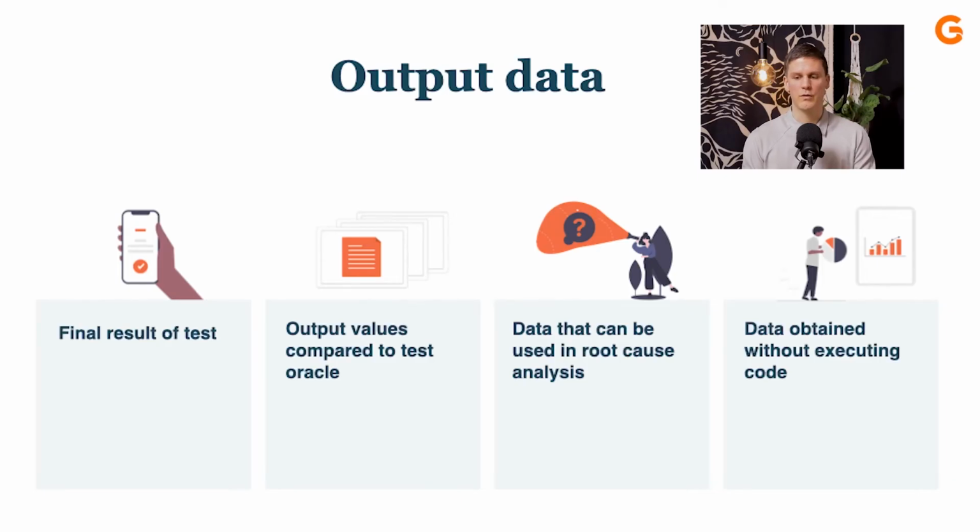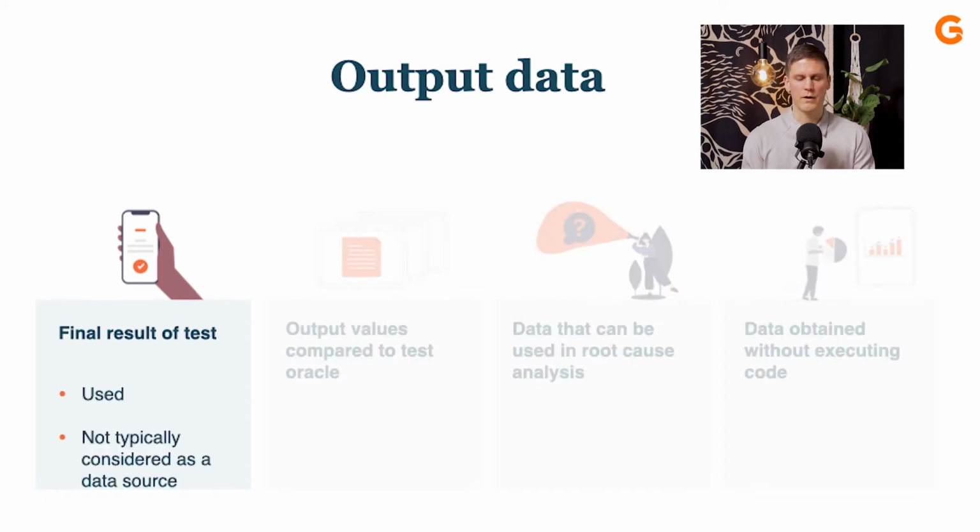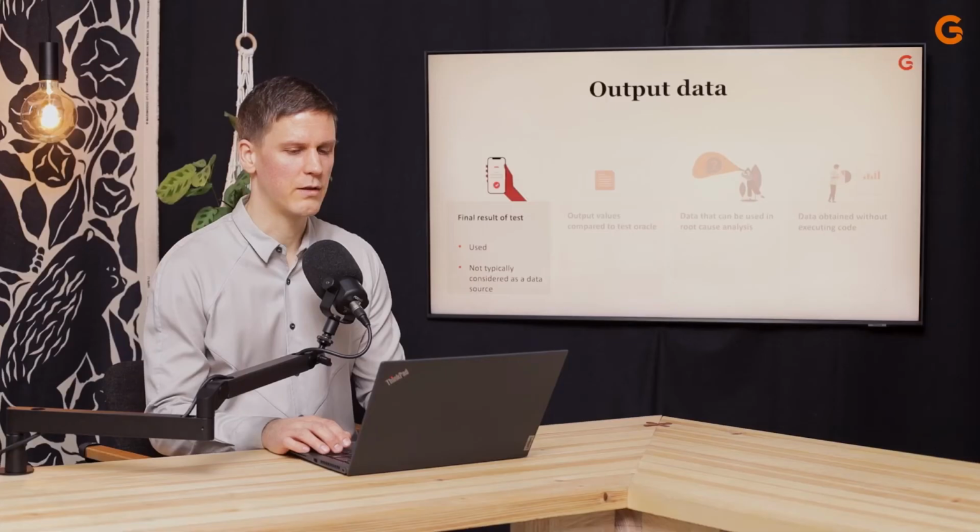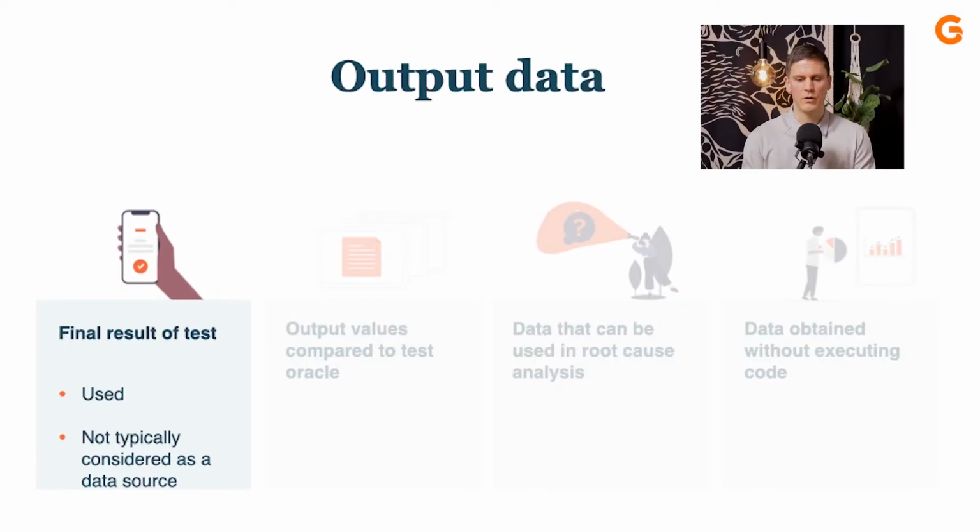We can also think about the results or outputs of testing as data that could be used for machine learning models. These outputs can be split into different types. There is the final result of a test, that is a Boolean value that represents a pass or a fail. This is obviously used in testing, but is not considered as a data source typically.